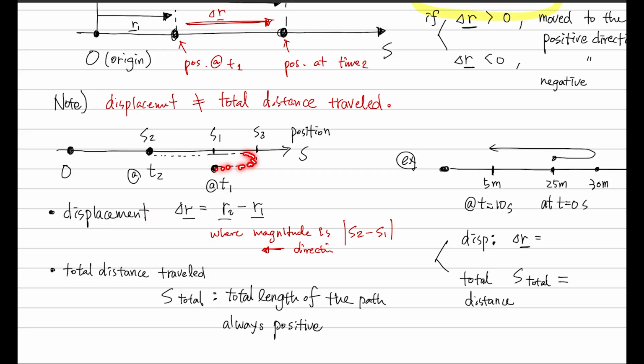Doesn't matter what you did. At some point you were here, and later you were there. So the displacement is this. But the total distance traveled is you travel like this, and then you came back. So you have this distance and that distance, so you need to add those two. That's your total distance traveled, right? And this is always positive.